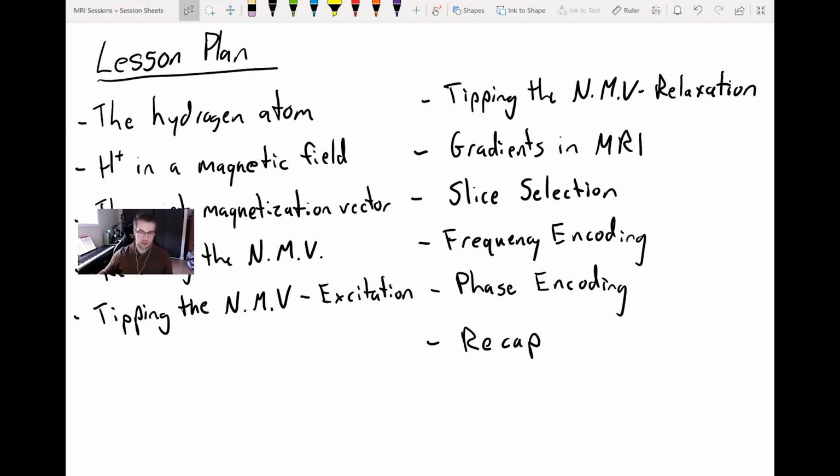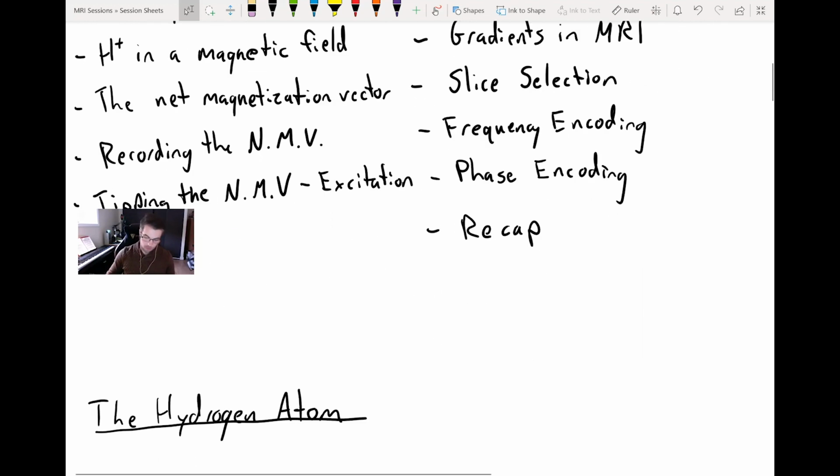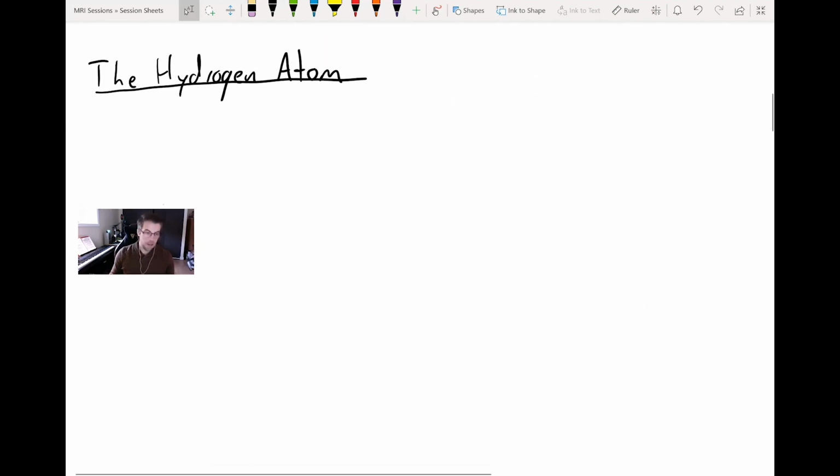So let's just jump right into the hydrogen atom. In MRI, there are many different particles we can look at, but conventionally, we are looking at the hydrogen atom, which has a very complicated and technical diagram. So I'm going to do my best to draw it. It's a circle.